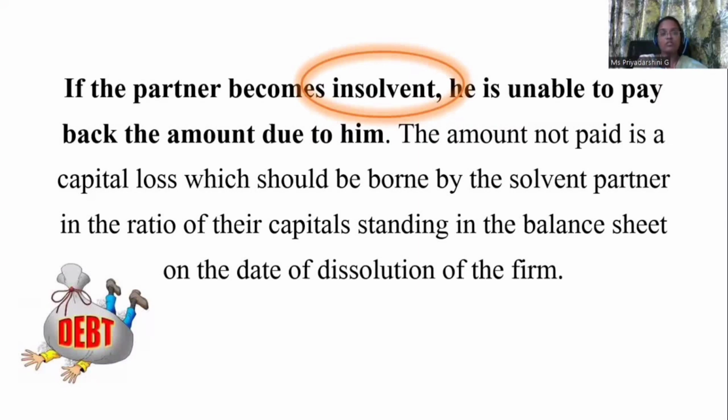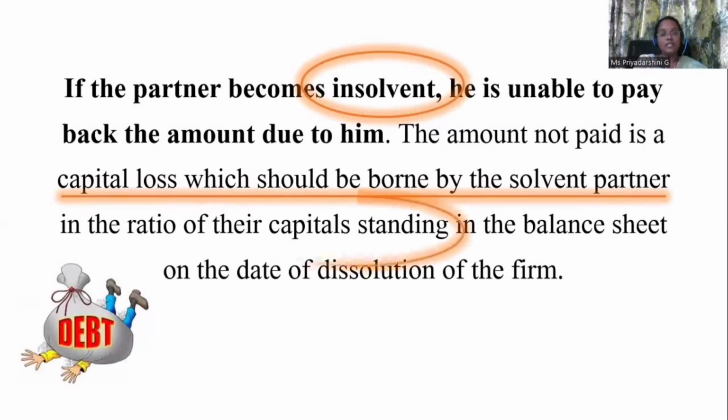The loss due to his insolvency is borne by the other partners who are solvent, in the ratio of capital standing in the balance sheet on the date of dissolution. We should keenly note that the capital loss borne by the solvent partners should be taken in the ratio of capital standing.